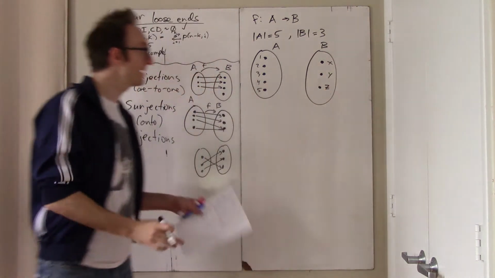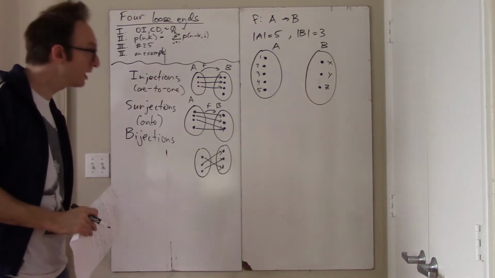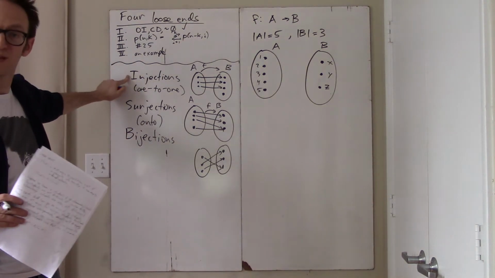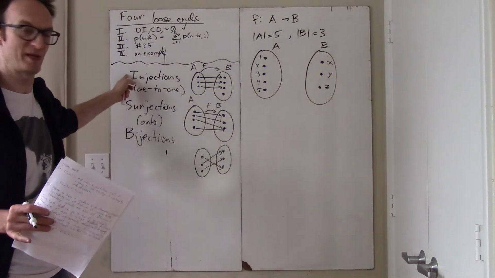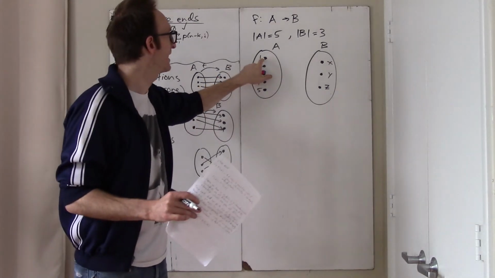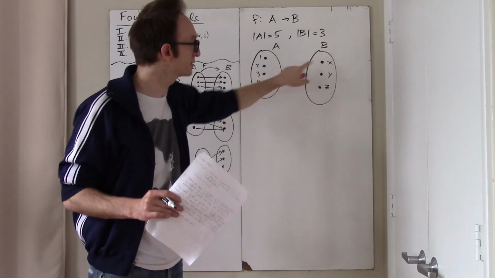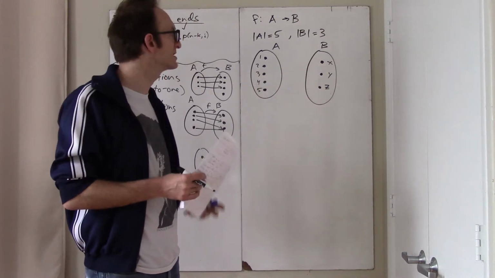Okay, and we're going to make functions from A to B. The first question, how many injections are there, is kind of a trick question. There just can't be any. Because 1 has to go somewhere to x, y, or z, 2 has to go somewhere to x, y, or z, that's just the definition of a function.